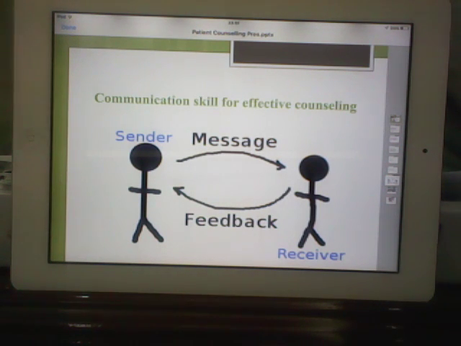The aim of the counseling should be ensuring the patient knows how to take their medication safely and why he's taking the medication.